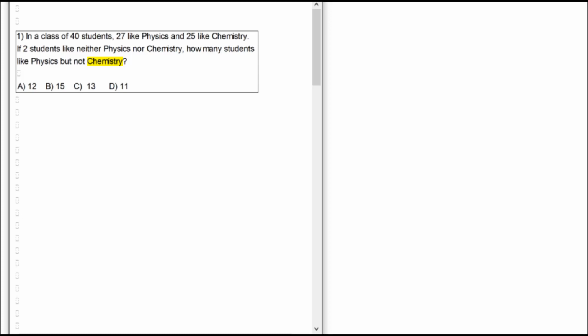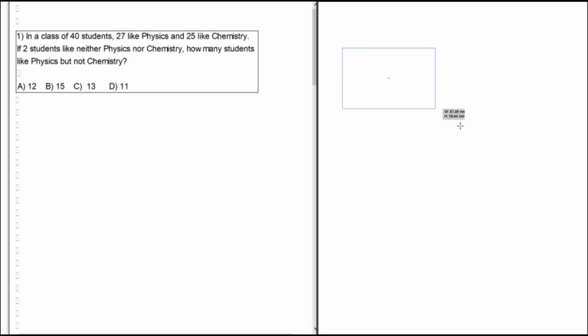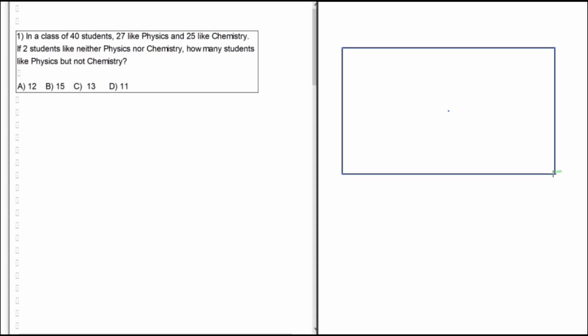As you might have guessed from the title of our lesson, the way to attack this problem is by using Venn diagrams. So how do we make Venn diagrams? So let's start by making a rectangle, and this rectangle represents the universal set.